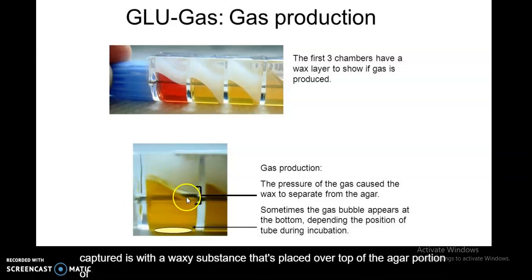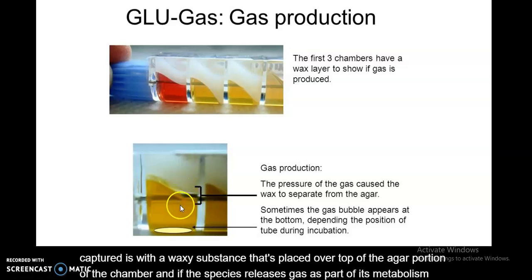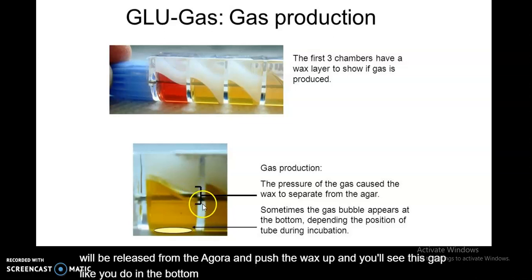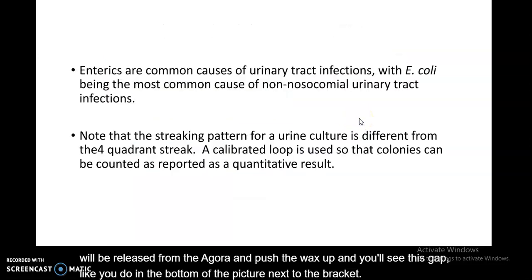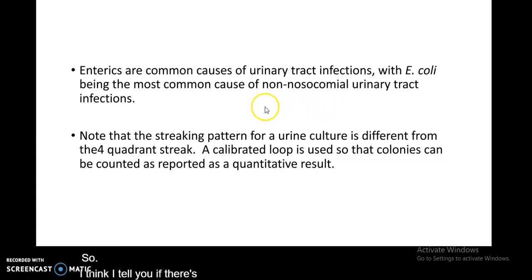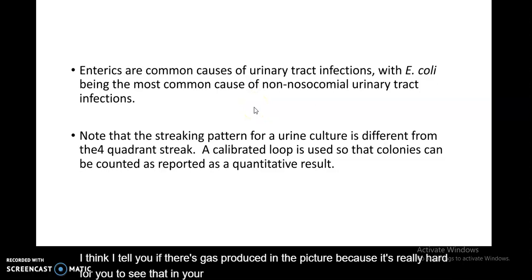And if the species releases gas as part of its metabolism, it will be released from the agar and push the wax up. And you'll see this gap like you do in the bottom of the picture next to the bracket. Okay? So I'll tell you if there's gas produced in the picture, because it's really hard for you to see that in your virtual lab.